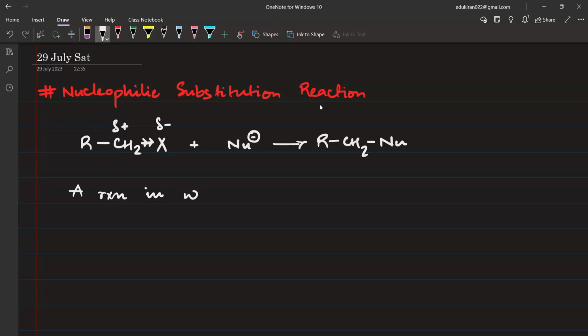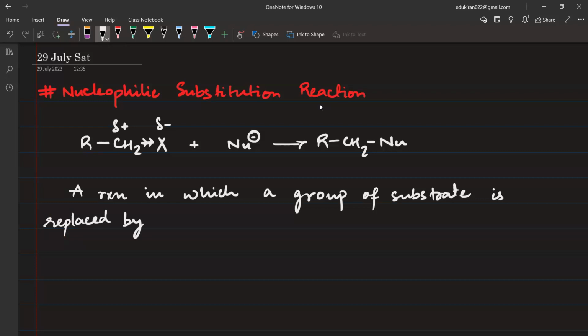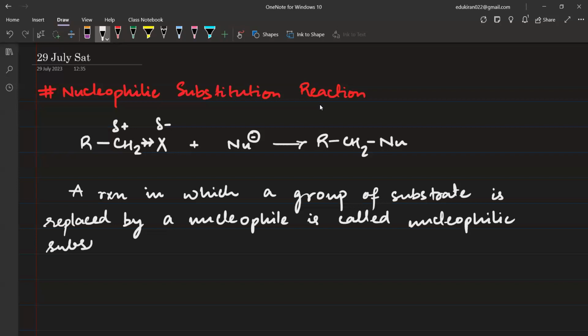A reaction in which a group of the substrate is replaced by a nucleophile is called nucleophilic substitution reaction, and it is denoted by SN.